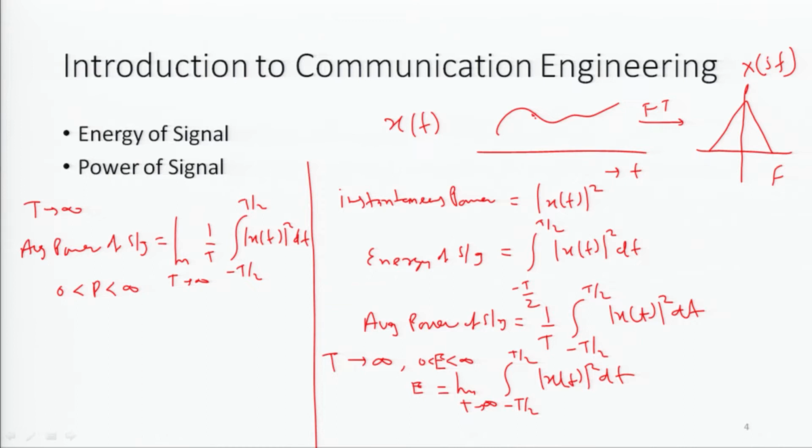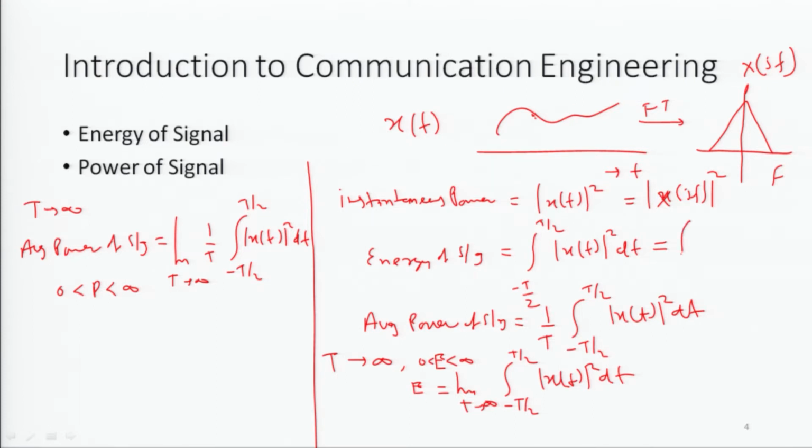This is the Fourier transform, that is the frequency domain signal. If you have calculated X(jf), then similarly its instantaneous power can also be calculated using mod of X(jf) whole squared.